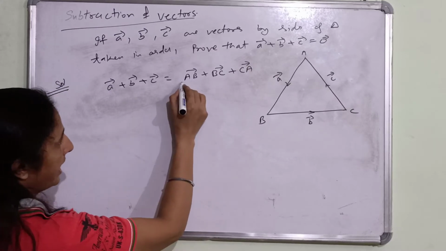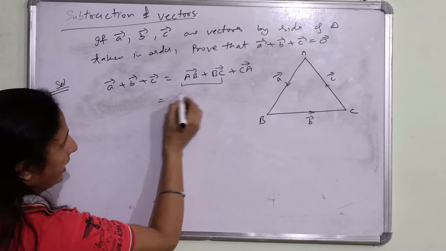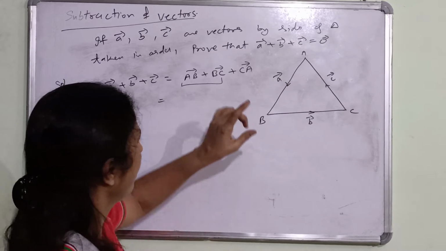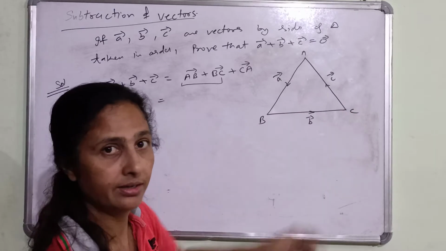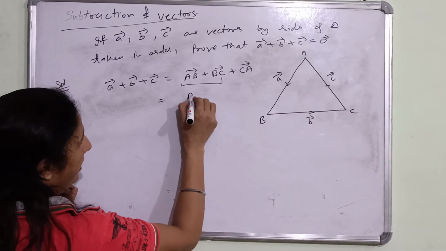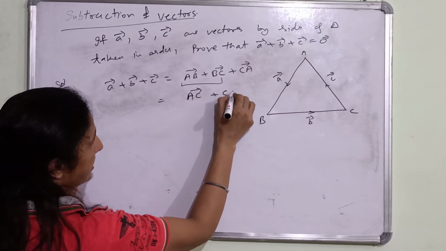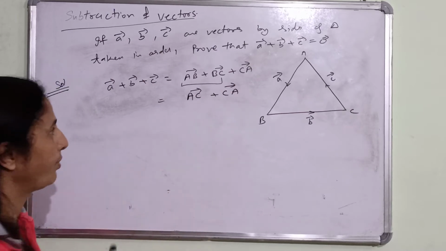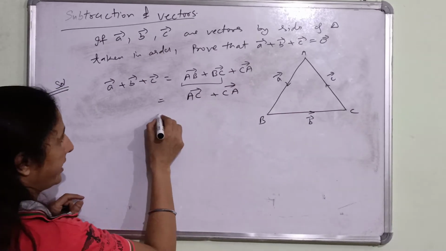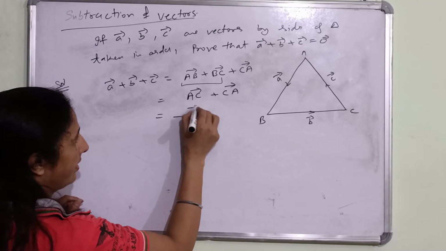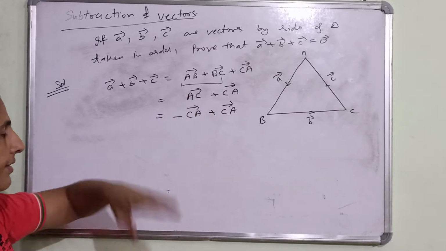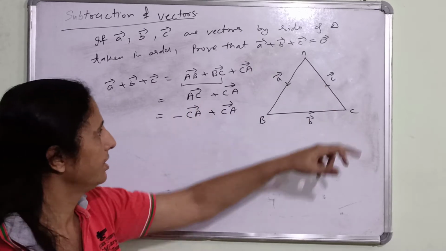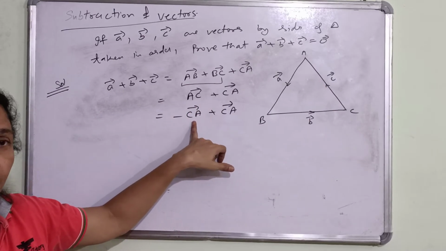Now by using triangular law, AB plus BC is equal to AC, right? AC, it is CA. Now these are opposite in direction, so I can write minus CA. This is plus CA, because if I write AC in the opposite direction, it would be minus CA, right?